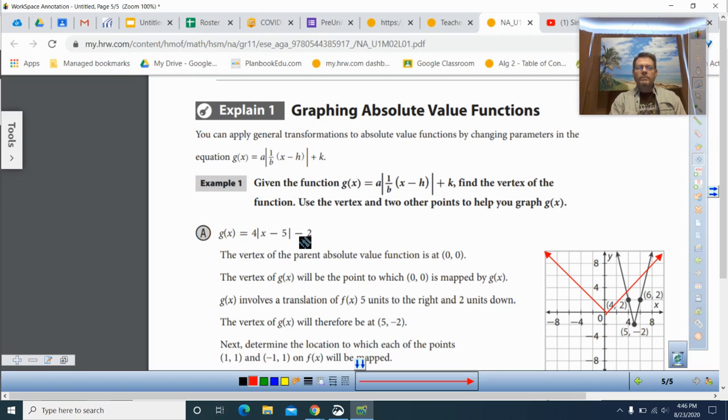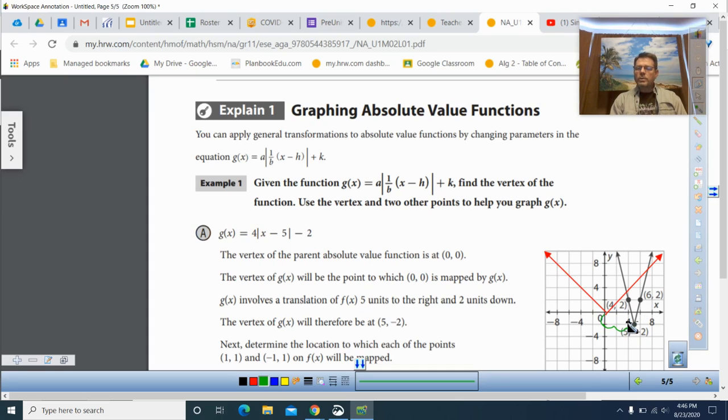So what we've done is gone down 2, and this is going by 2s, and then it's going to go not left 5, but right 5. You can see it went 2, 4, and then 1 more. So it's gone right 5. That's what's happened to its vertex.